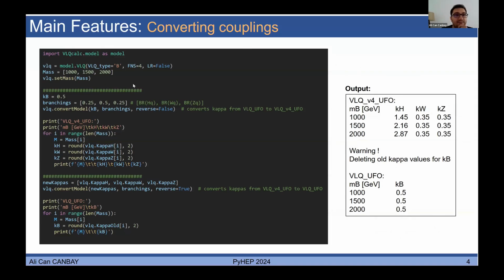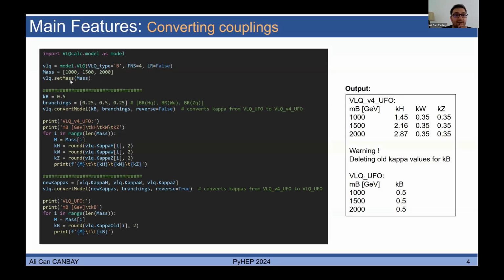Here is an example of conversion of couplings. First, you need to create a VLQ object coming from the model submodule, and this object has 3 parameters: VLQ type, FNS, and left-right parameter. Default values of FNS and left-right are 4 and false respectively.